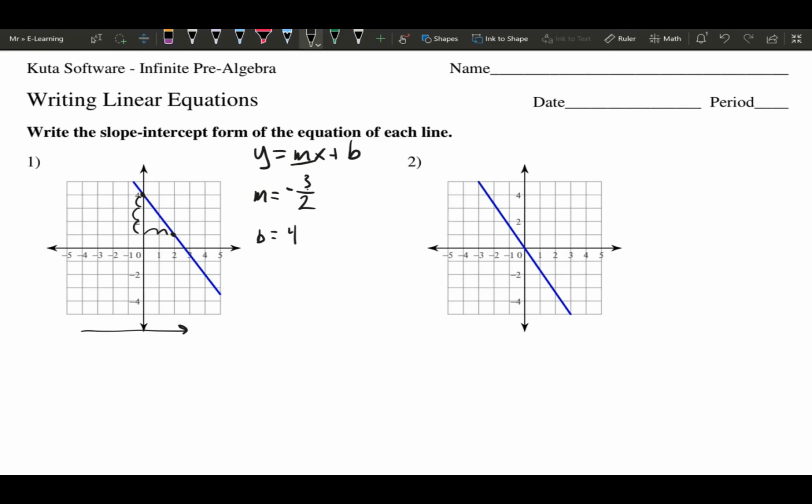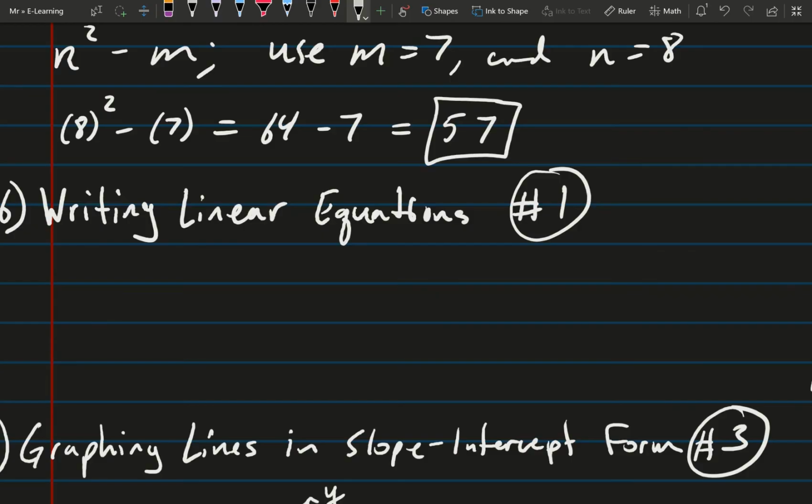So let's go back on over here. Okay, so we said that our slope was equal to negative 3/2, and our y-intercept was equal to 4.